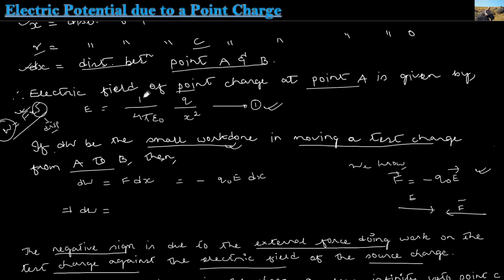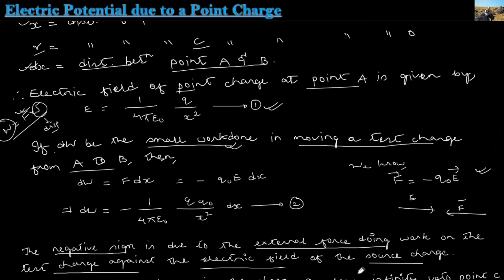You already know that E is 1 by 4 pi epsilon naught Q divided by x square, so dW is minus 1 by 4 pi epsilon naught, Q Q naught divided by x square, into dx. We'll mark this as equation number 2.